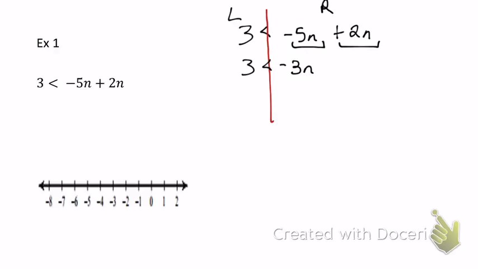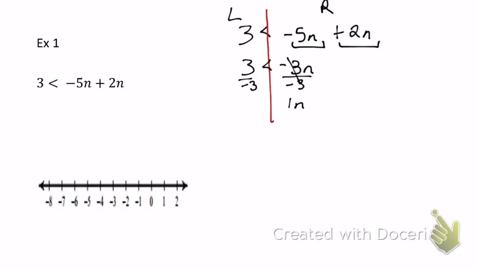Now we need to isolate the n. I want 1n, I don't want negative 3n. So to isolate my variable, I'm going to divide both sides of my equation by negative 3. Negative 3 divided by negative 3 is just going to leave us with 1n.